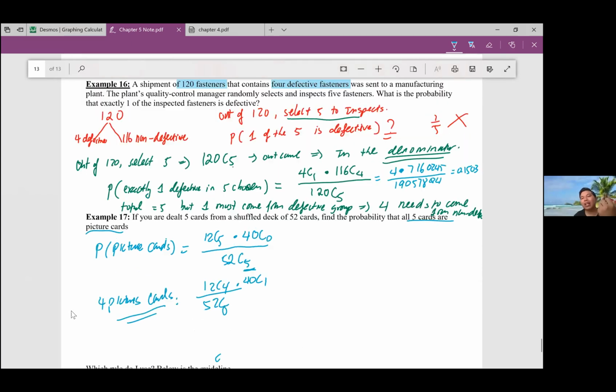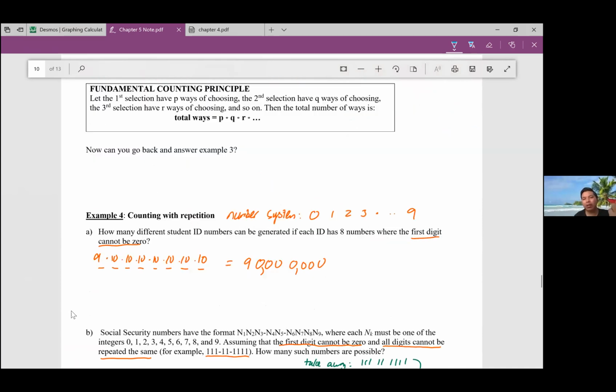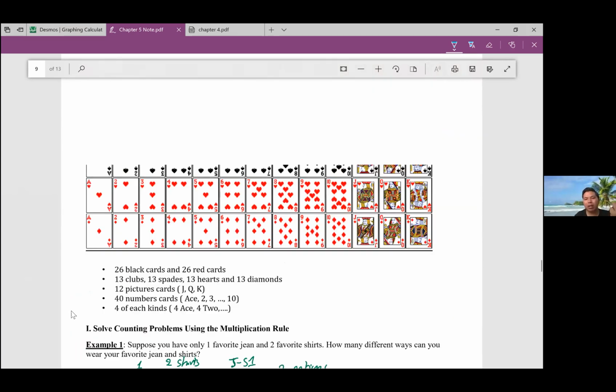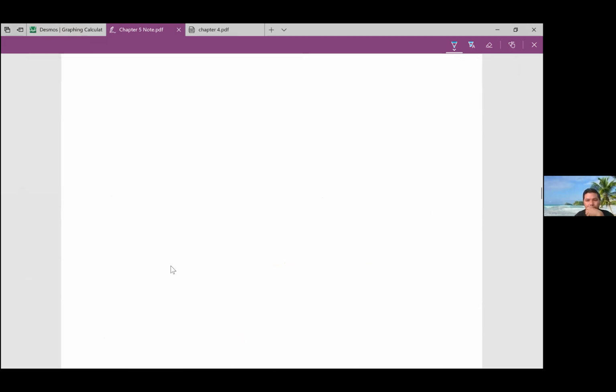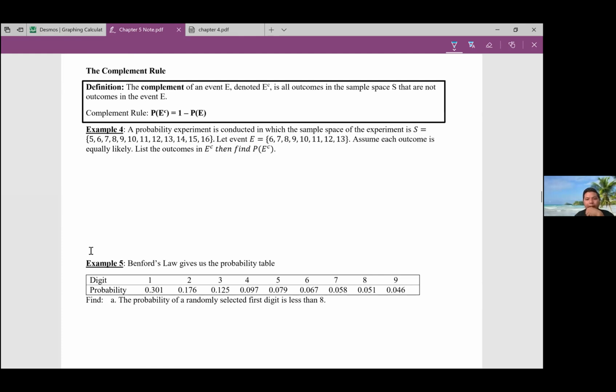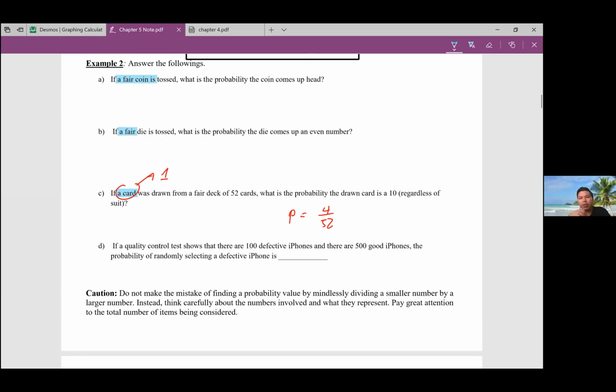Okay, let's go back to the first section of chapter 5, and how we did that example. If a card is drawn from a deck of 52 cards, what is the probability that the card is a 10? Can we do a combination? The answer is absolutely yes. So we have 52C1 as the total, you agree?